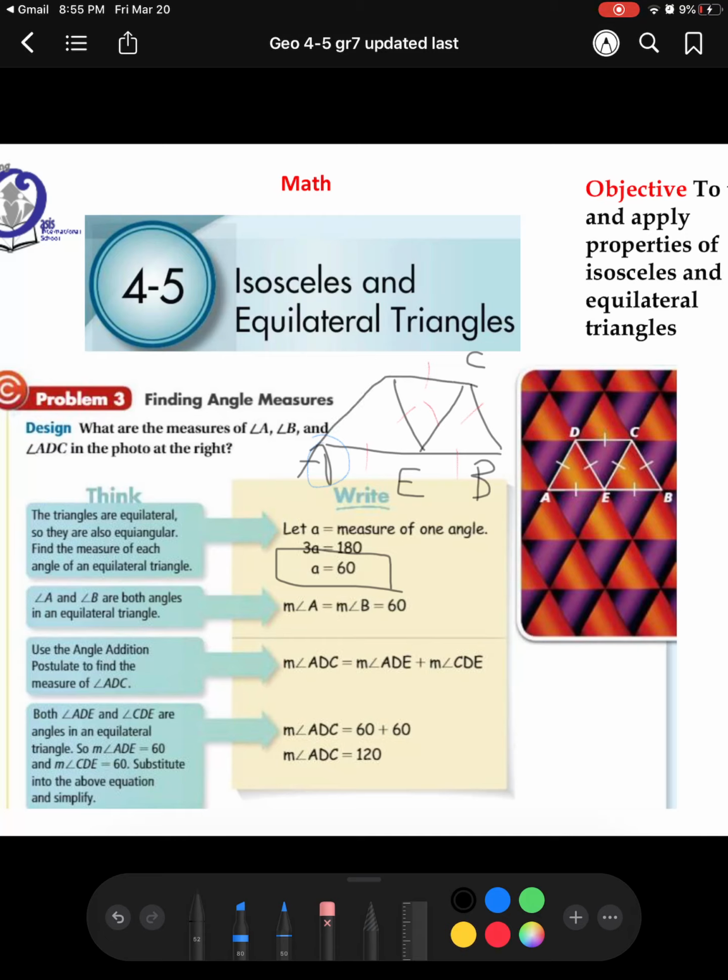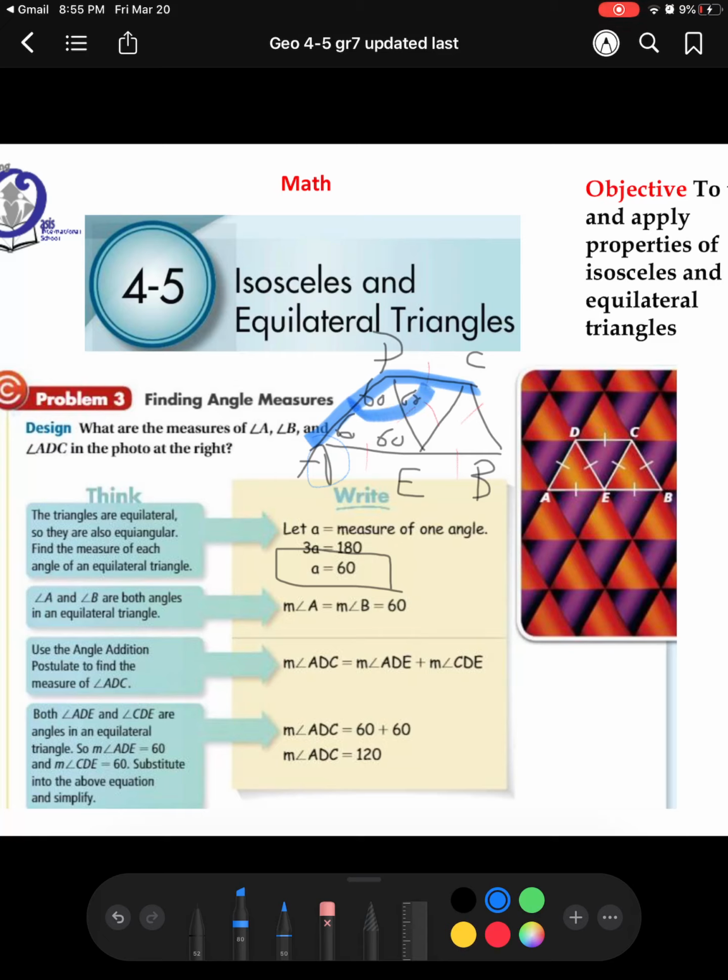Okay, so if this is 60 and every single angle is 60, he's asking me about what angle? ADC. Let's highlight the ADC for you. This is angle ADC, the big one.